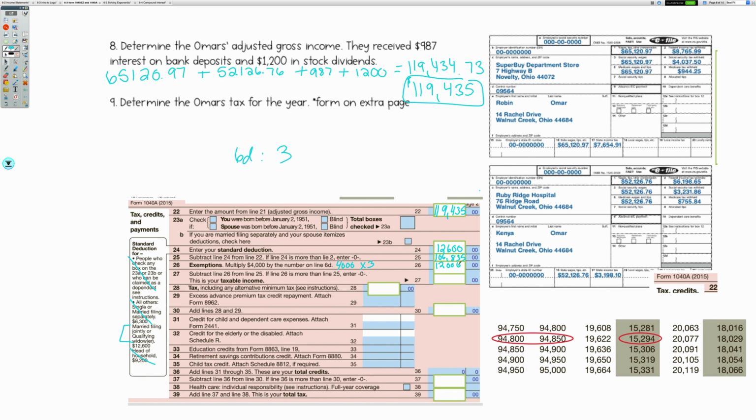Next line says to subtract line 26 from line 25. So that's another deduction you get to take away from your taxable income. 106,835, take away 12,000. So 94,835.